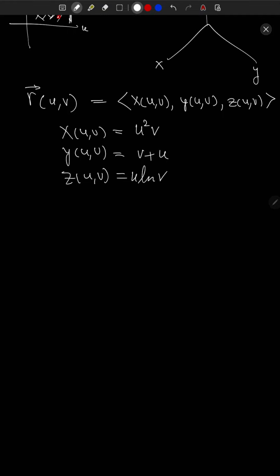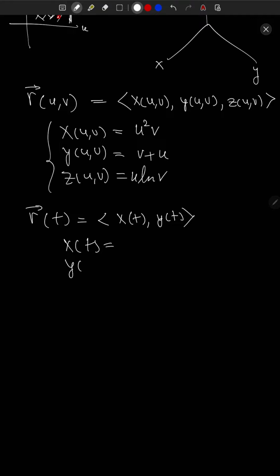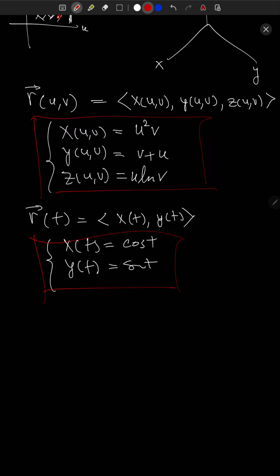In the same way that we often wrote curves, technically, if we wanted to talk about curves earlier on in the class, we would have written something like this. But we often just wrote a curve like this, x of t, y of t equals cos t, sine t, something like that. So I'll use this notation more because I hate the vector value notation.